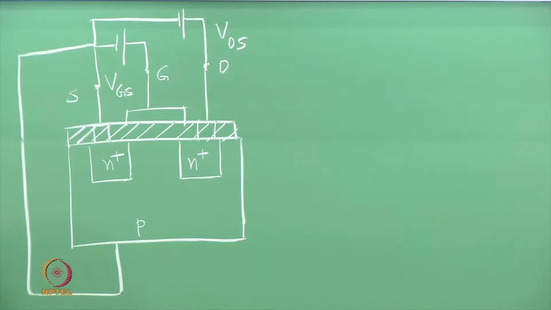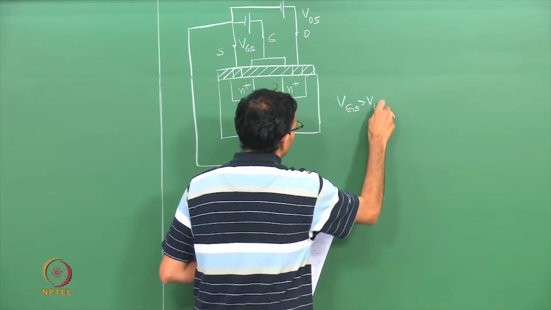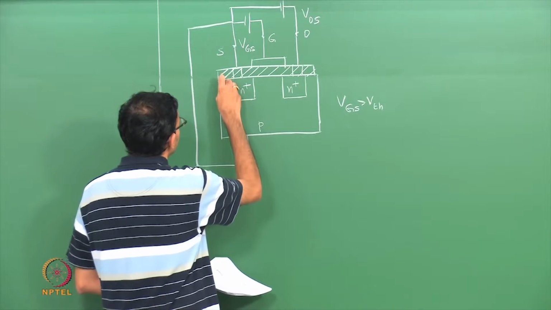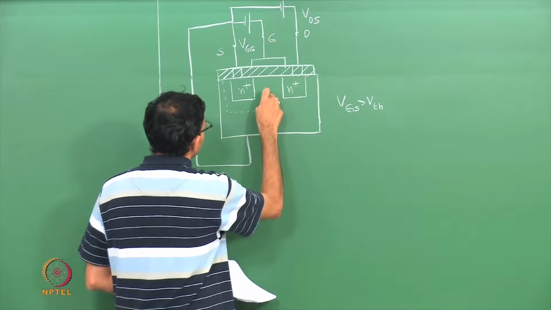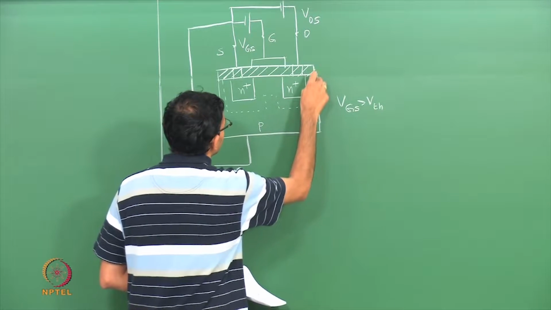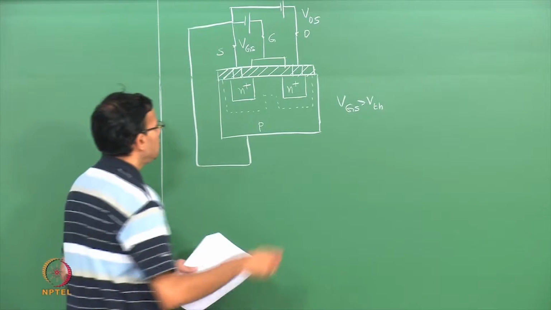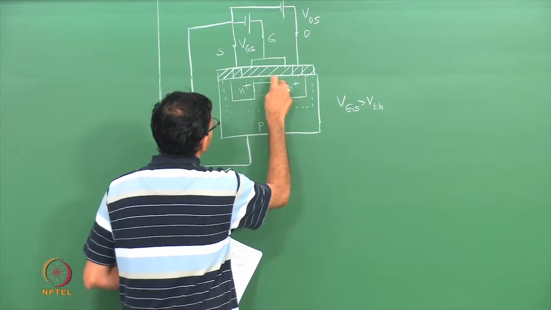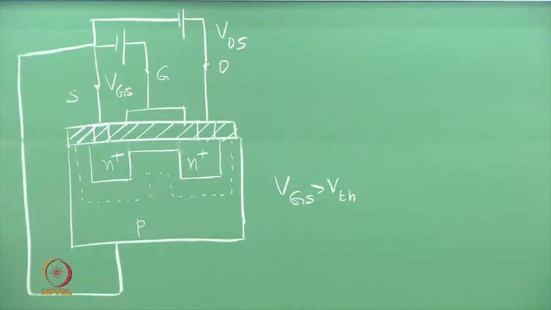So, now I am in a situation where I have the gate source voltage greater than V threshold, so that I have an inversion region. Once again I have a depletion region between the two p-n junctions, but now I am at a higher potential, so that I have an N channel that forms between the two N plus regions.